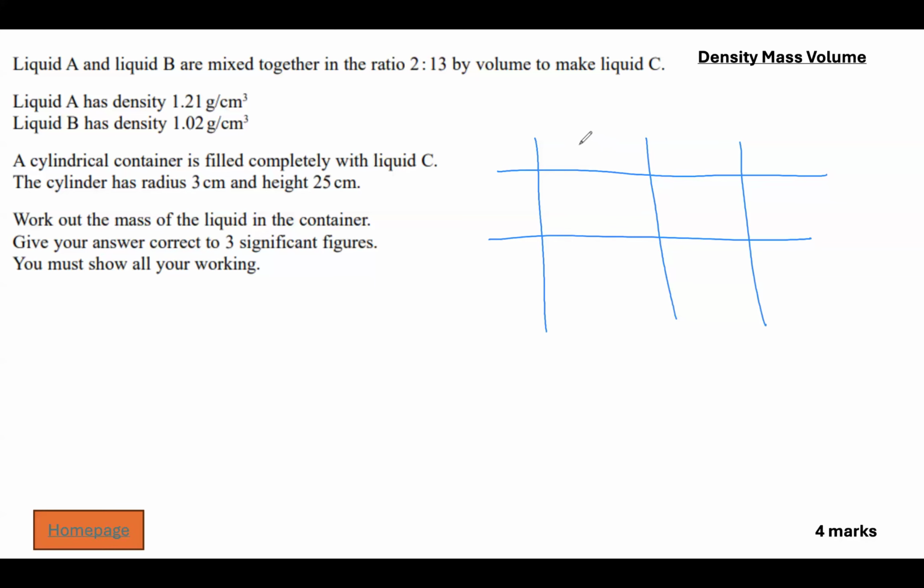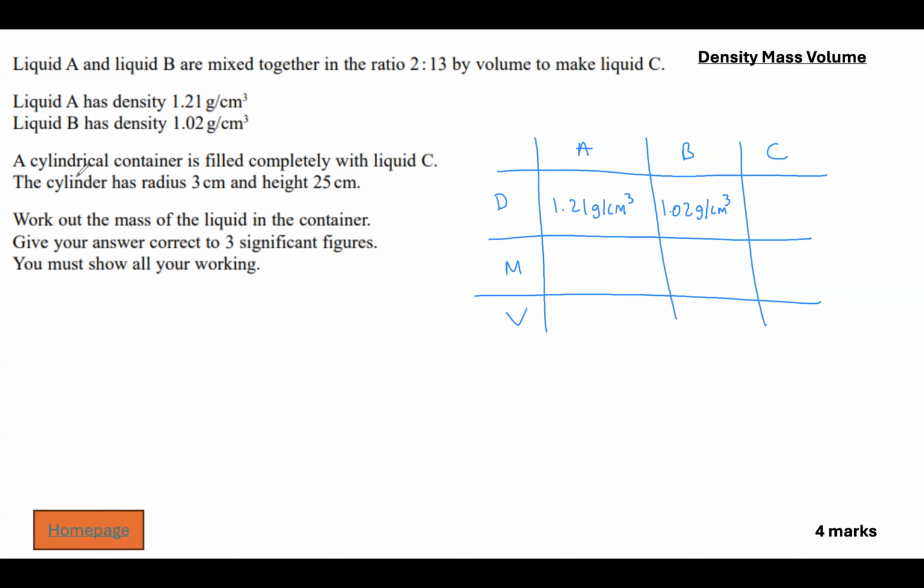So we have A, we have B, we have C, we have density, we have mass, and we also have a volume. So we can just fill this table in as we go along. So liquid A has the following density. Liquid B has the following density, so it's going to be 1.02 grams per cubic centimeters.